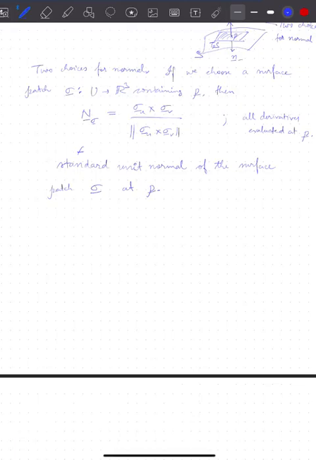But unlike the tangent plane, vector n is not quite independent of the choice of patch sigma containing P. That is the issue here, right?